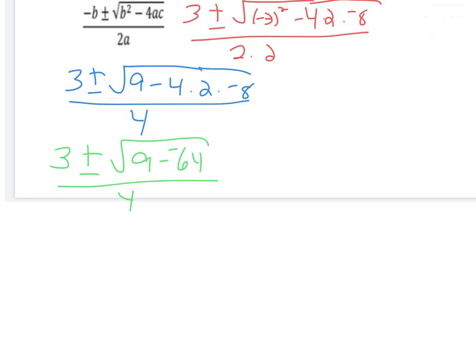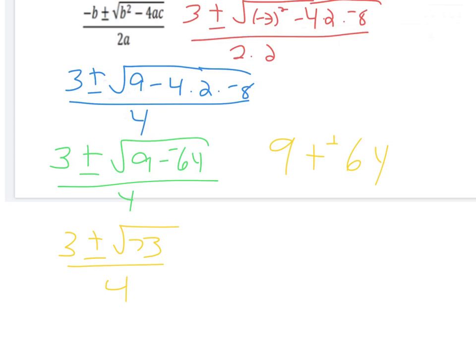I would have to use keep-change because I'm subtracting a negative. So I have 9 minus negative 64. I'd keep the 9, change subtraction to addition, and change the negative to a positive. So I would have 3 plus or minus the square root of 64 plus 9, which is 73, over 4.